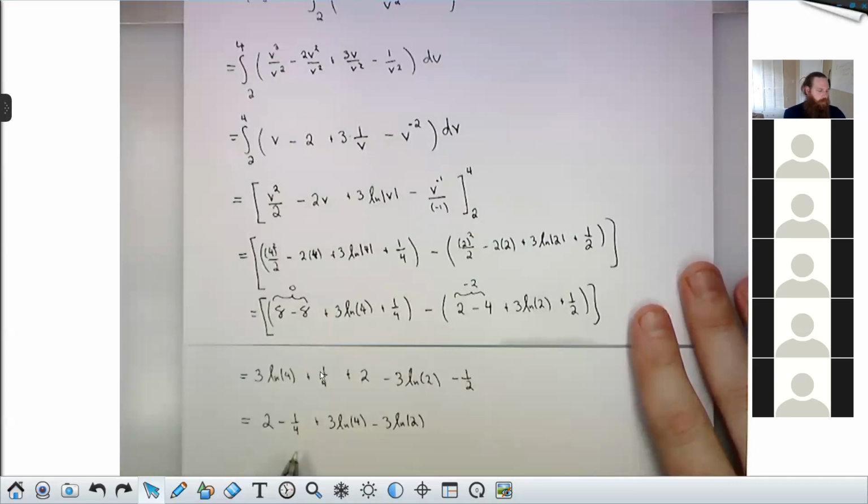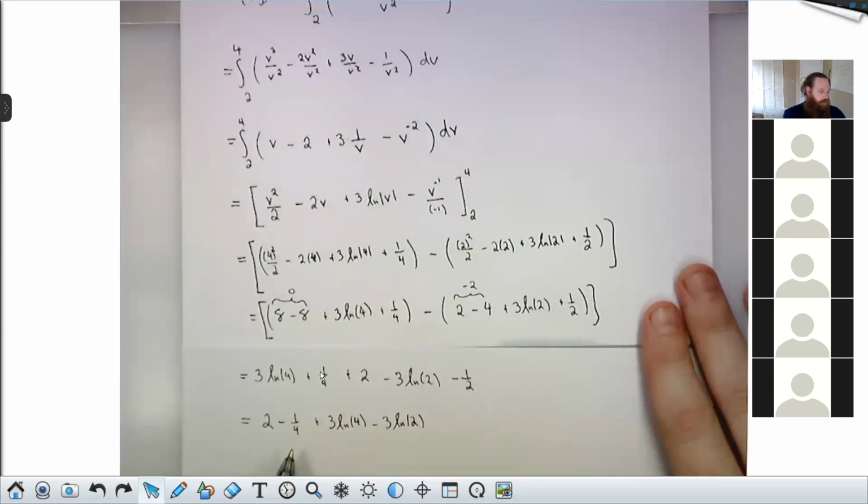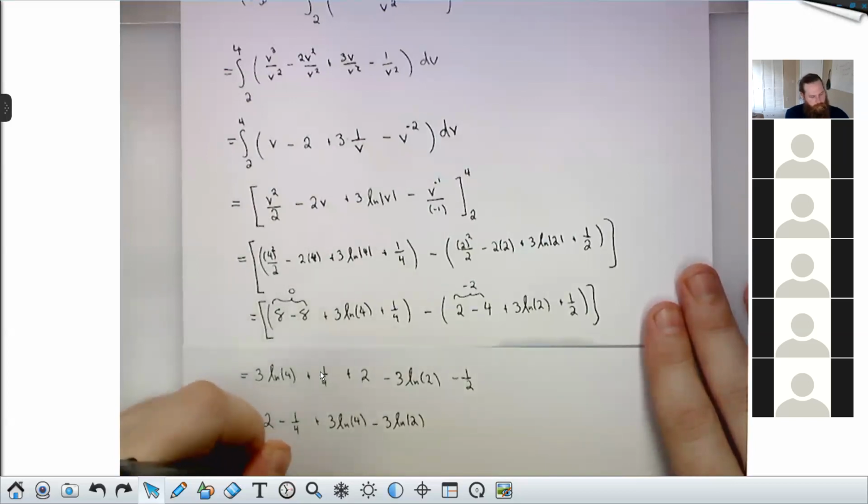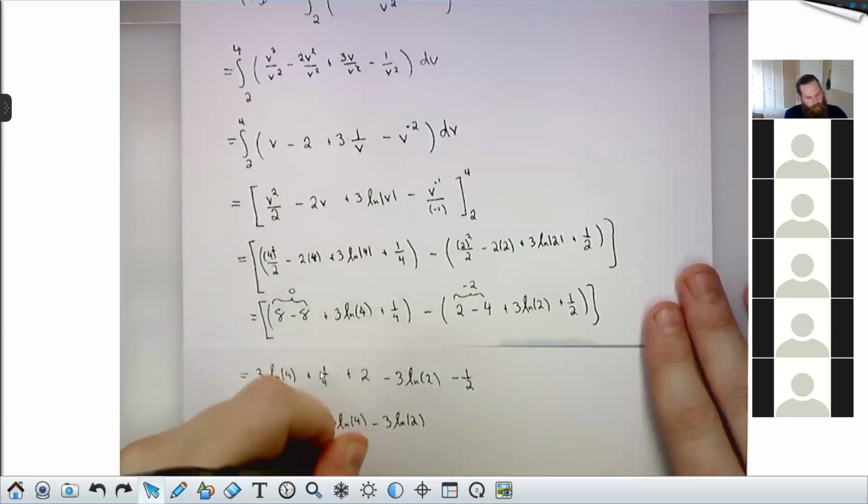Two minus 1/4 is 1 3/4, or you can think of it like 2 is 8/4. 8/4 minus 1/4 is 7/4. And then here, this is 3 times, I can factor out the 3, ln 4 minus ln 2.